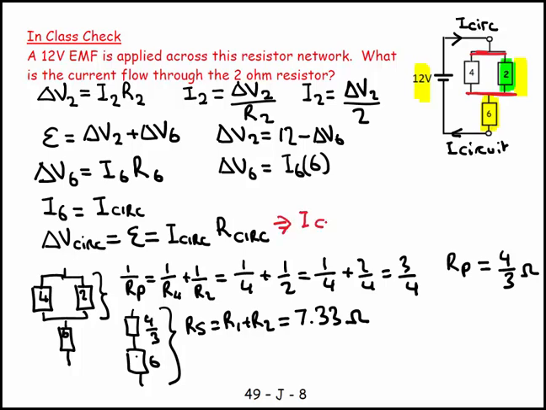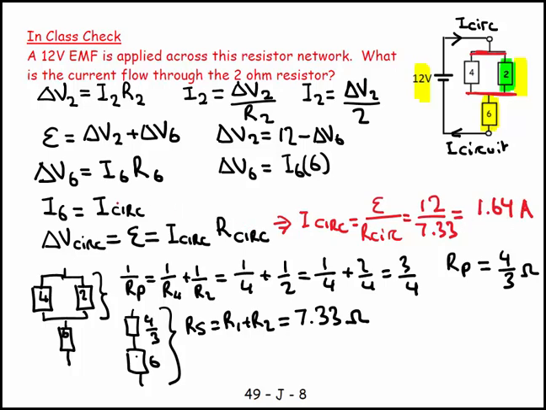So over here I can say that I circuit is equal to EMF over R circuit, which equals 12 as my EMF over 7.33. And I like to work out the numbers, so 12 divided by 7.33, and that's going to be 1.64, and this is amps.